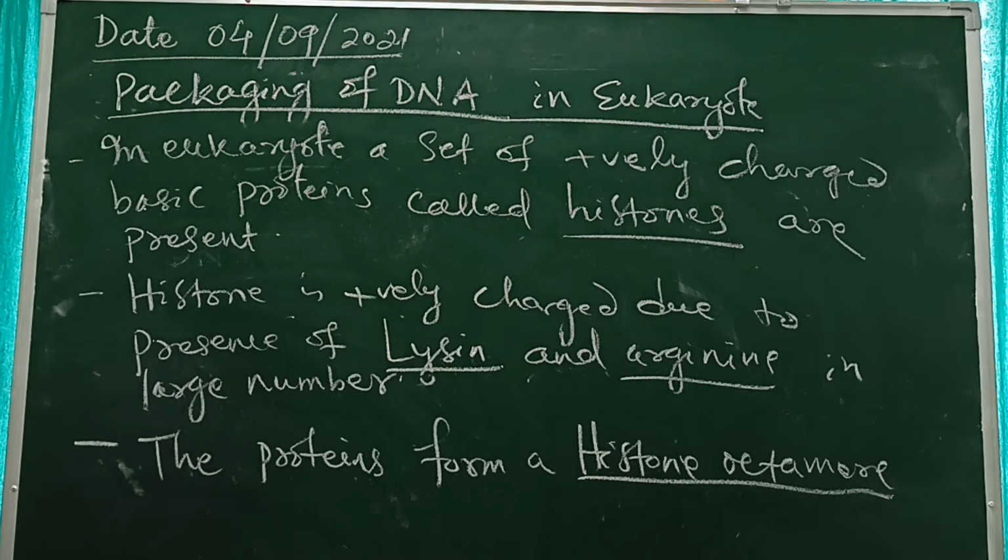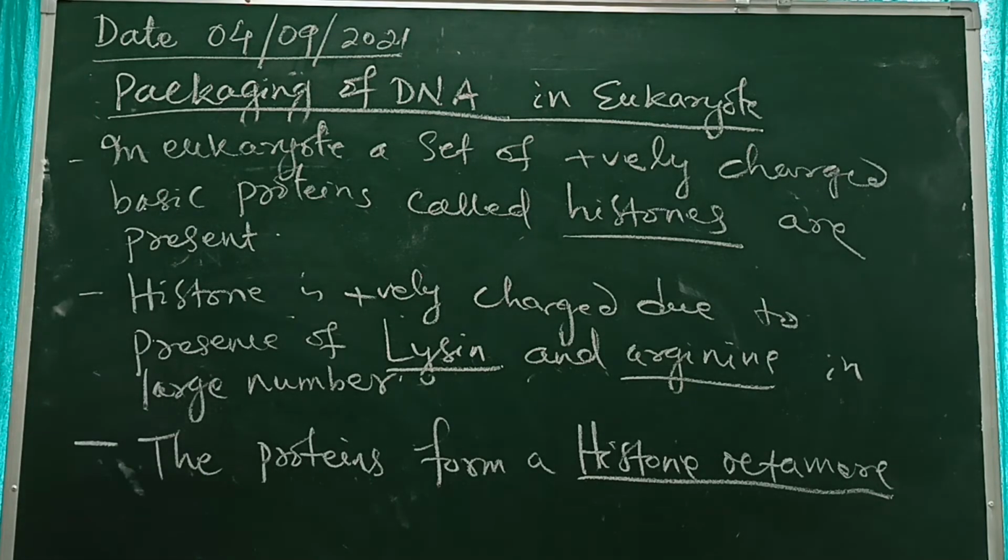That's why it is known as histone octamer, which is positively charged. And I am not talking in detail about the histones. Actually, histones are of 5 types, like H1, H2A, H2B, H3 and H4, but here we are discussing the histone octamer. So this histone is positively charged, whereas the DNA is negatively charged.